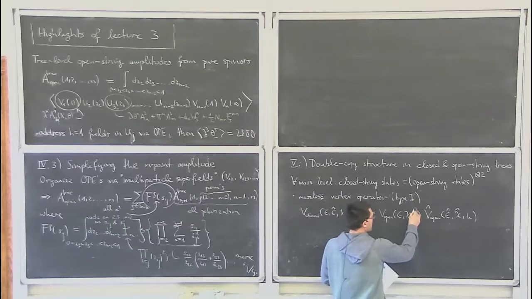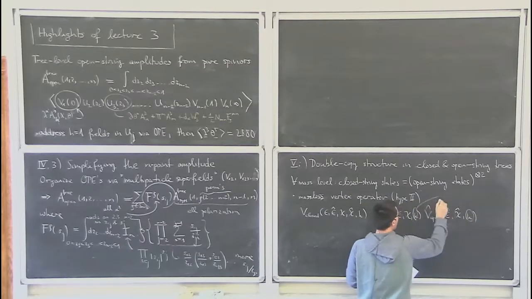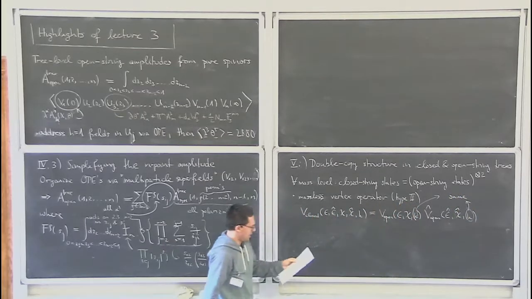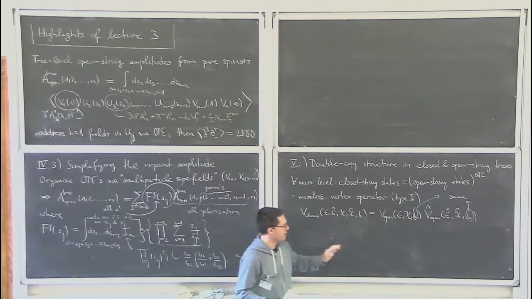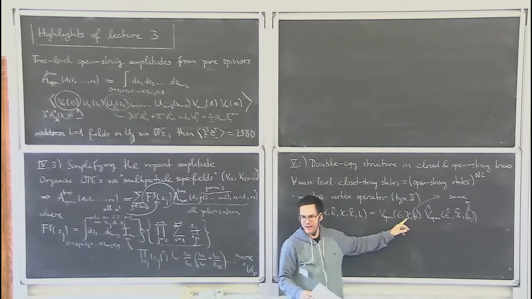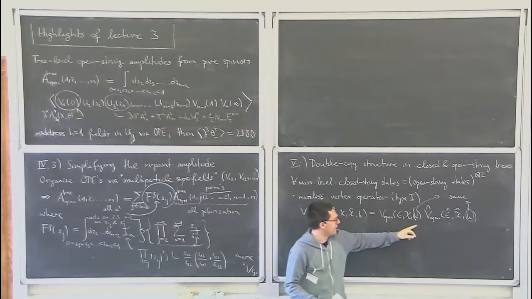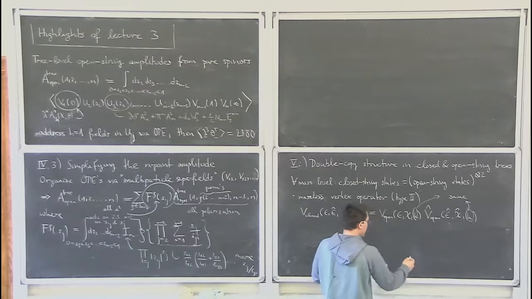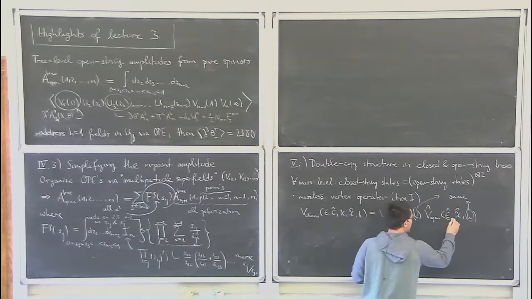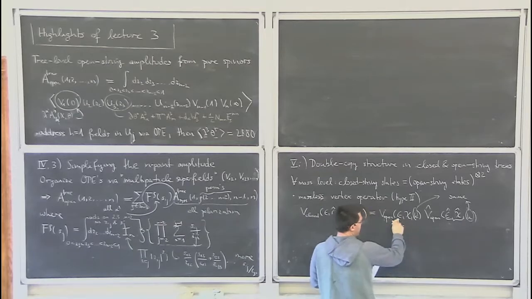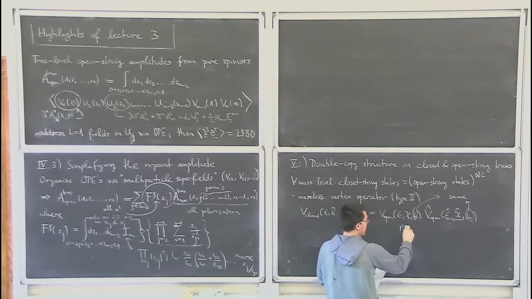There are spacetime momenta k, which must be the same for left and right movers. The remaining kinematic variables are gluon polarizations and gaugino wave functions. Here you can put in different ones on the two open string halves. So the hatted ones are possibly different from the unhatted epsilon and the unhatted chi.